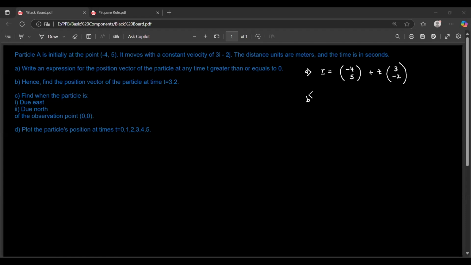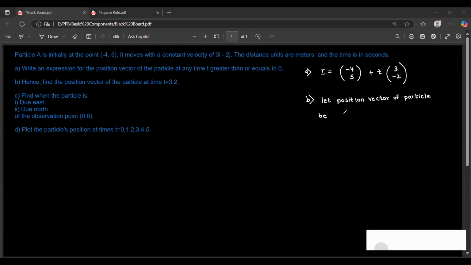The second question is: hence, find the position vector of the particle at time t equals 3.2. Let the position vector of the particle be OB when t equals 3.2.